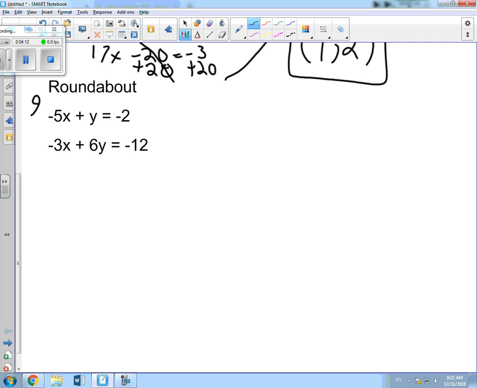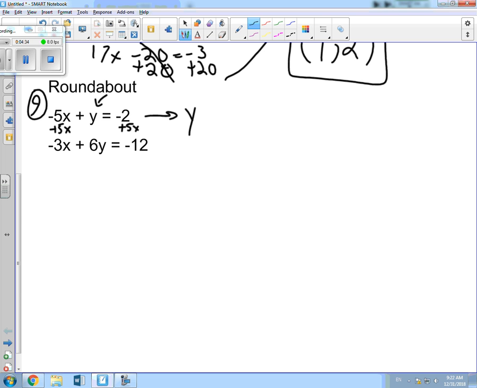So if you look at this question, the problem here is that y is not by itself yet, or one of the variables is not by itself. Sure, this one doesn't have a number, but it's not like by itself on the equal sign. So what I would like to do is do plus 5x here and plus 5x here.